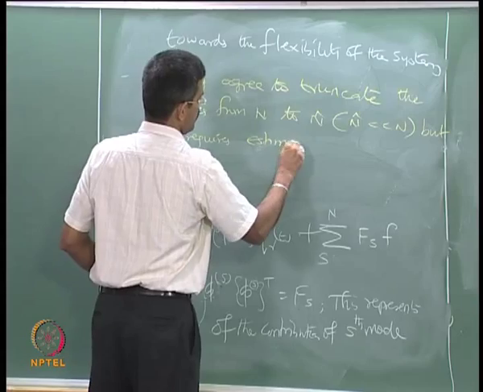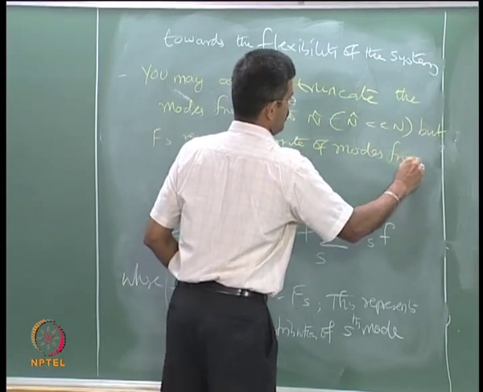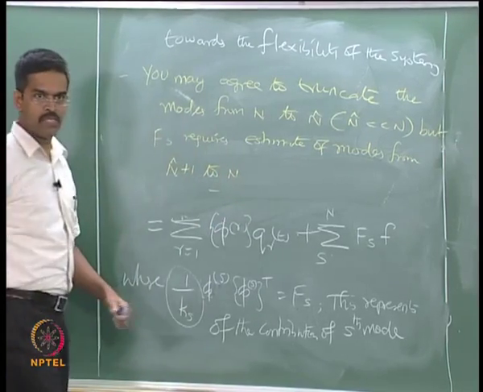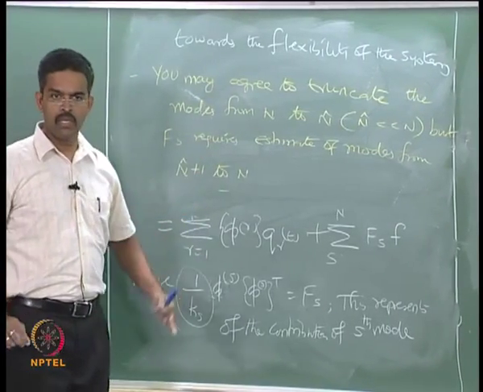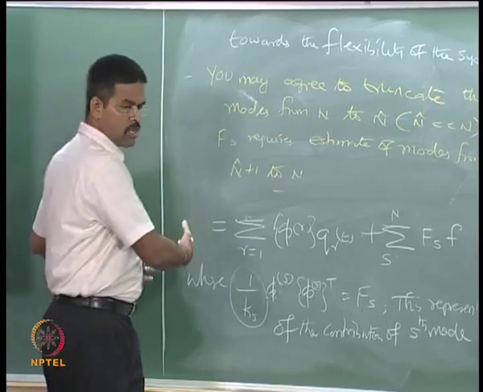Otherwise I cannot compute this, because the S is summation from n hat plus 1 to n. So there is no benefit actually I am getting, because anyway I am working out all the modes.